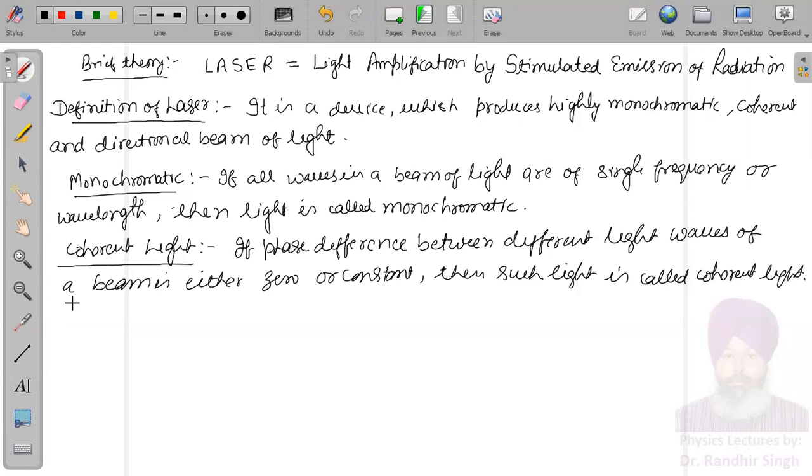And the one in which we are interested, it is directionality.